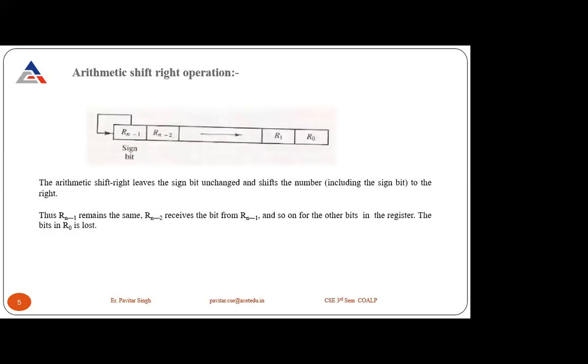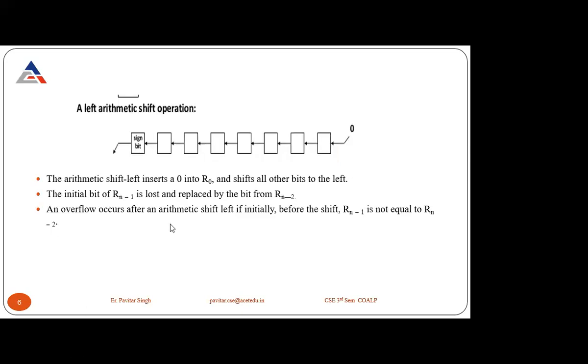So according to this, Rn minus 1, Rn minus 2. Here it says that the initial bit of Rn minus 1 is lost and replaced by the bit from Rn minus 2. So Rn minus 1 is lost and it will be replaced with Rn minus 2.